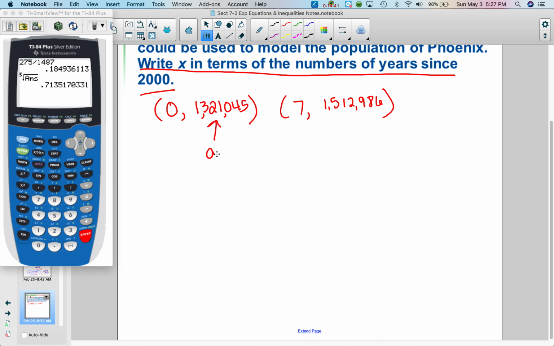This is my value of a. My equation, y equals a times b to the x. So I start filling things in. So I have this number times b to the x, and then remember I have to solve for b. Here's my x value, here's my y value.